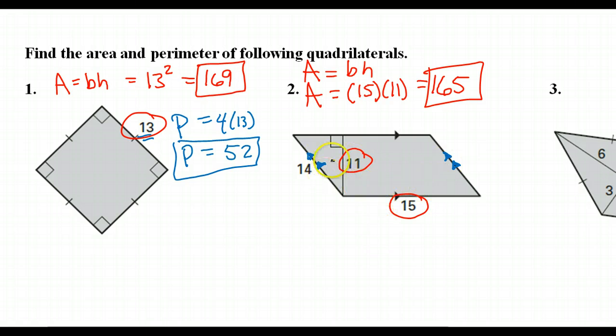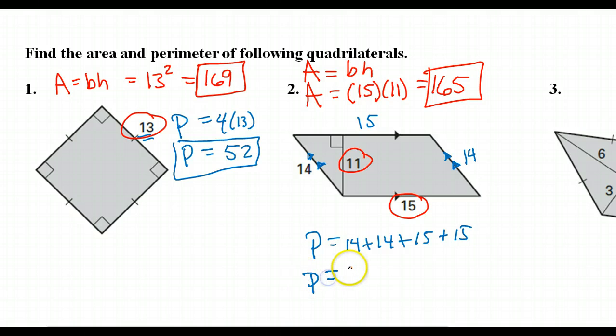Okay, so let's go with that. If this side is 14, then this side will be 14. If this side is 15, then this side will be 15. Opposite sides are congruent. So when I do the perimeter, it's just going to be 14 plus 14 plus 15 plus 15. So the perimeter here is going to be 58.